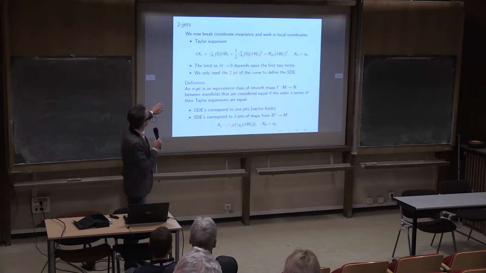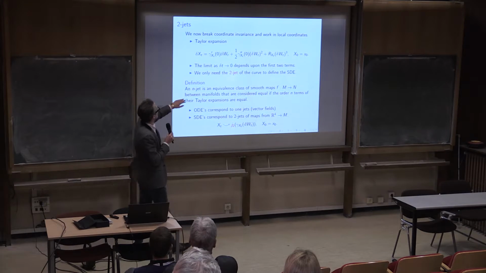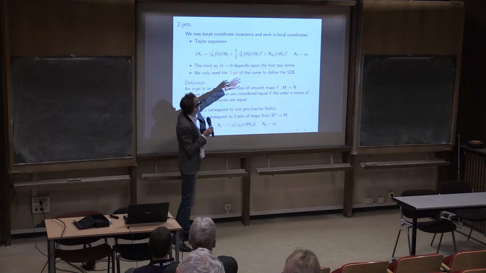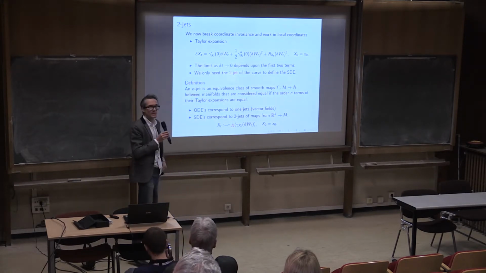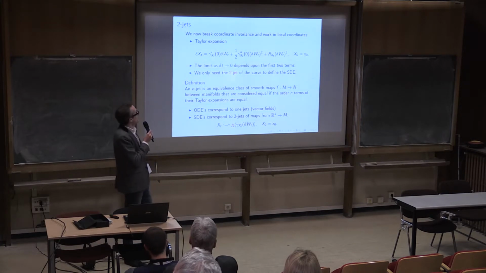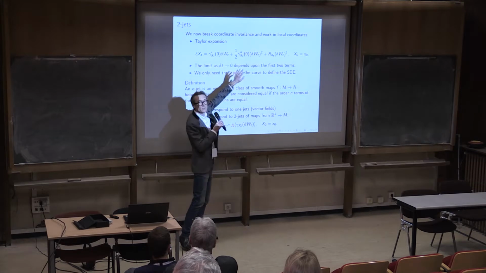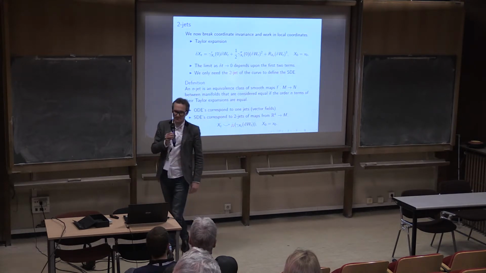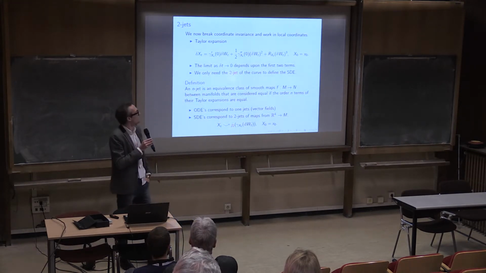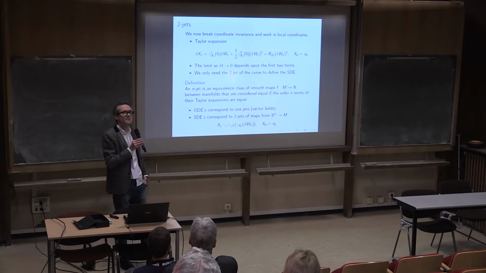So, writing this out, if we've got our curves gamma, we Taylor expand each gamma, and we expect the remainder term to be an irrelevance, and the motion of our process will be determined by the first derivative and the second derivative of our curves gamma. Well, the equivalence class of curves up to whether their first and second order terms are equal is what's called the two-jet of a curve.